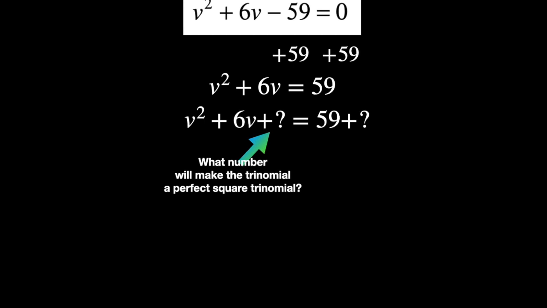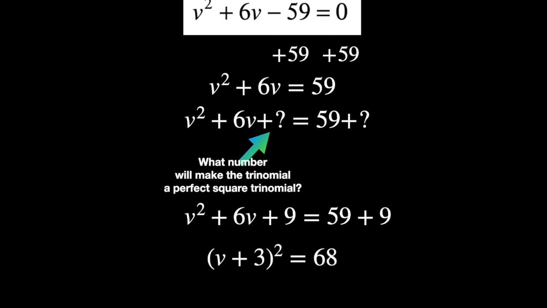So what number will make the trinomial a perfect square trinomial? Hopefully you are thinking 9, if you are good at this. And that problem is done right there. The quantity v plus 3 squared, that's our perfect square. The 2 binomial factors are v plus 3 and v plus 3.